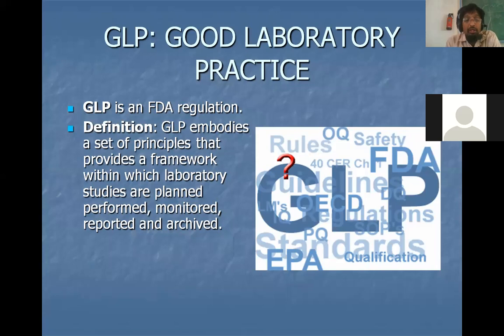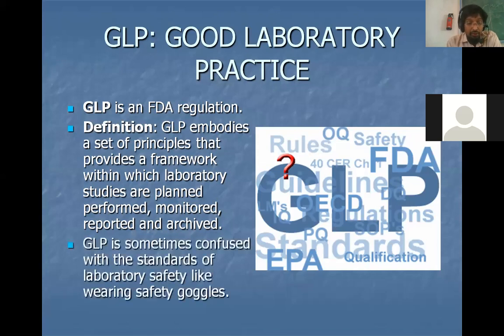So this is a general definition of good laboratory practice. It tries to implement a set of principles that provides a framework within which laboratory studies are planned, then performed, monitored, reported, and also archived, right?